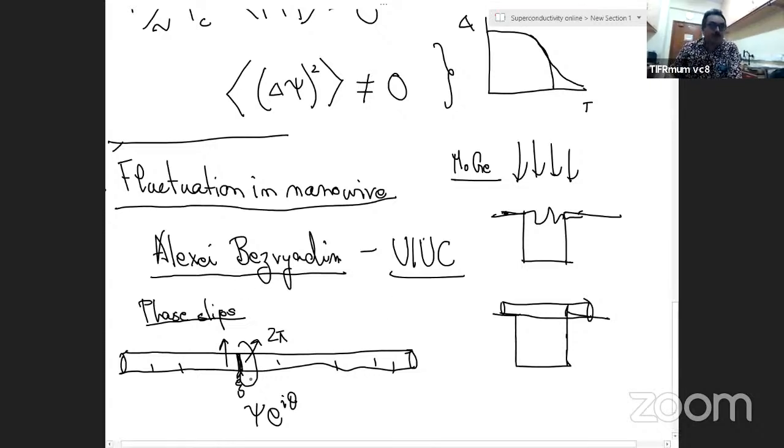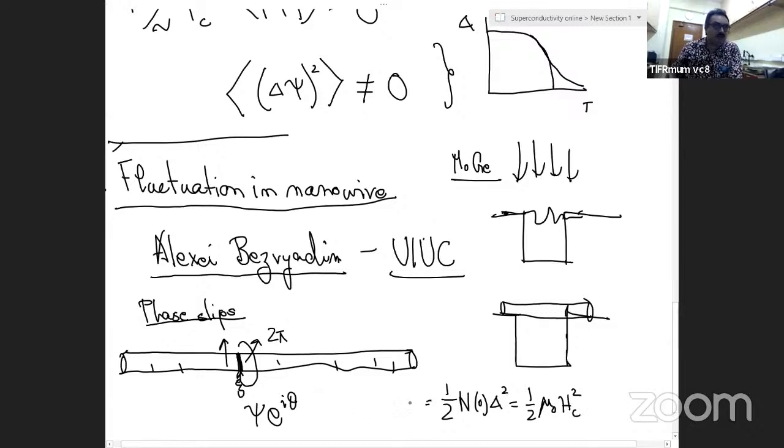Typically, the probability of phase slip is this. You need momentarily this region to be excited to the normal state. Now, you know that the difference between the normal state and the superconducting state is given by the condensation energy, half N0 delta squared, or half mu 0 Hc squared, whichever you want.